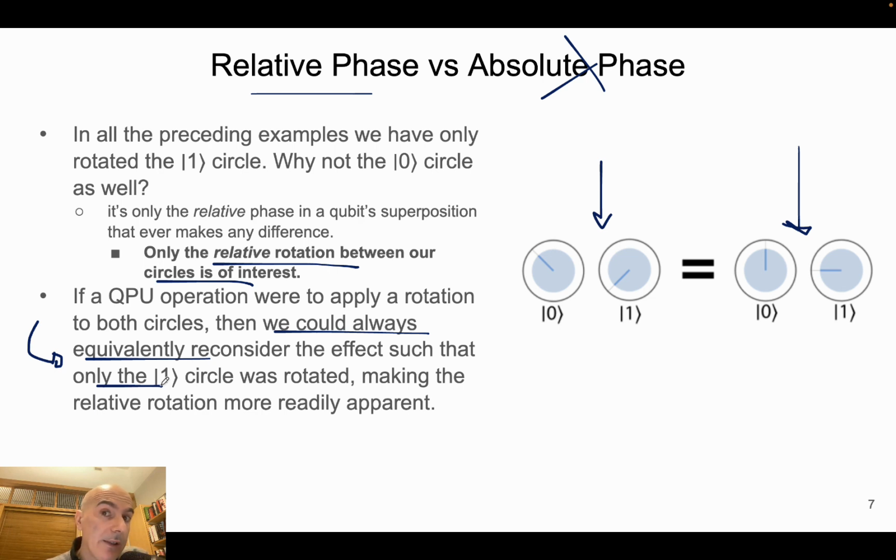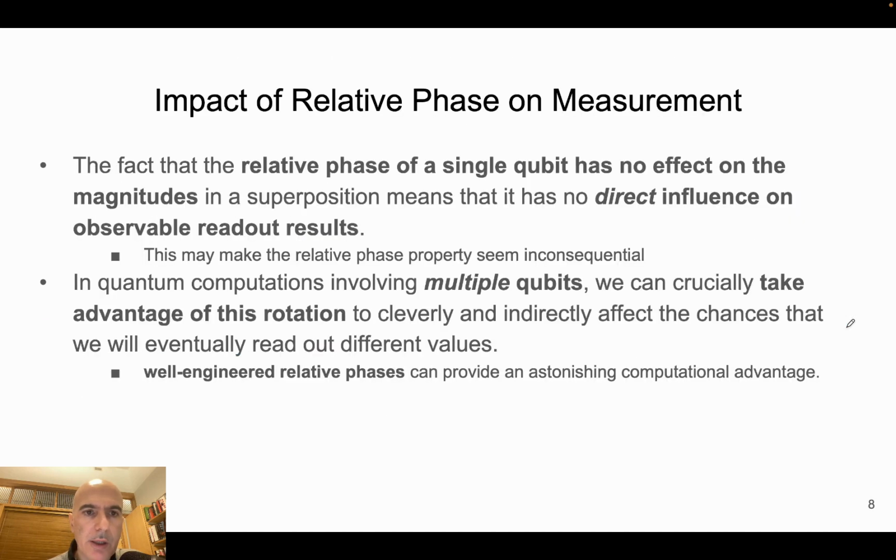Since it is a relative phase and these two states are equivalent, whenever we do a rotation on a qubit, what we're going to do is just apply the rotation on the state 1. That's important for relative phase, and that's something that we're going to see in the next few lectures when we talk about the rotation gates.